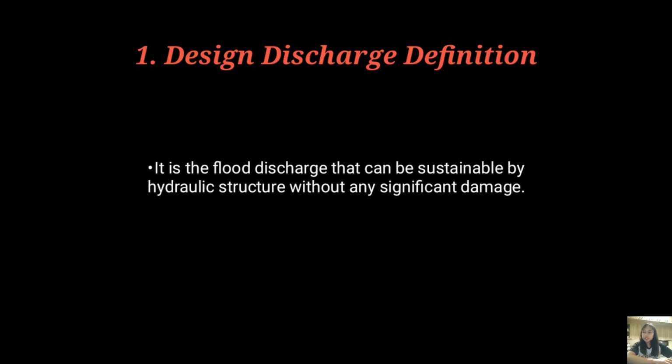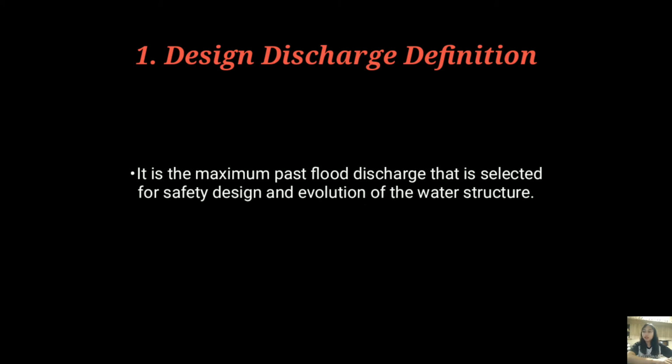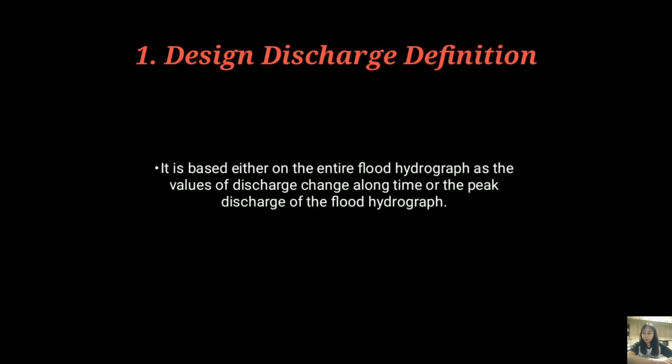It is the flood discharge that can be sustained by a hydraulic structure without any significant damage. It is the maximum past flood discharge that is selected for safety design and evaluation of the water structure. And lastly, it is based either on the entire flood hydrograph, as the values of discharge change along time, or the peak discharge of the flood hydrograph.